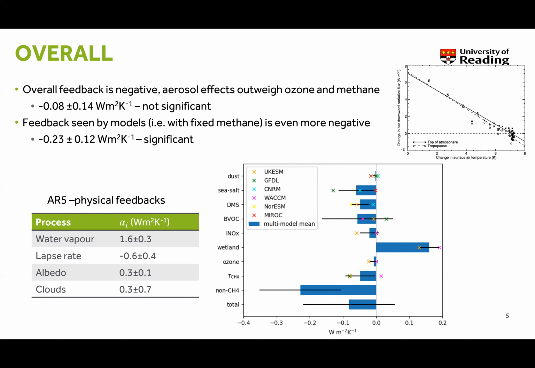And another comment from Matt: is it possible to group the analysis by model ECS? I wonder if it might highlight some of the intermodel differences. So the model ECS doesn't affect the calculation because we scale the change by the change in surface temperature. When I was looking at the change in, let's say, the sea salt emissions, that's scaled by each model's change in surface temperature.